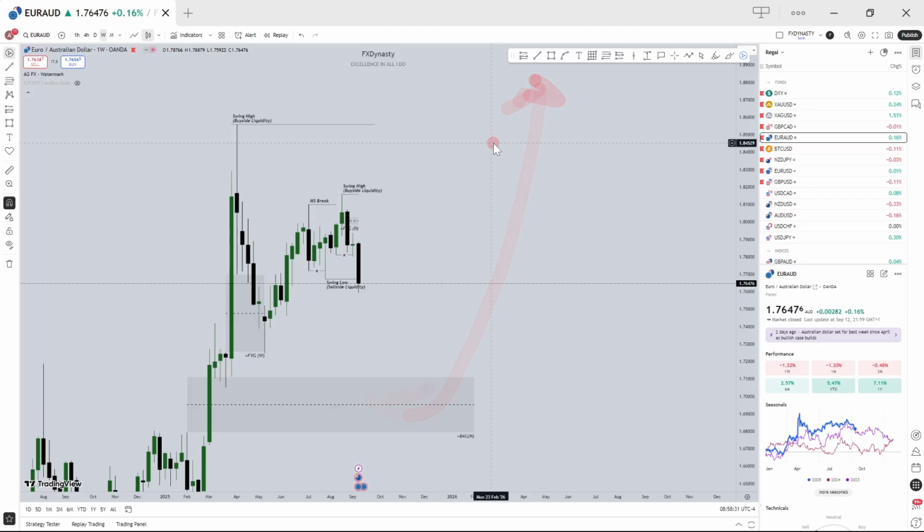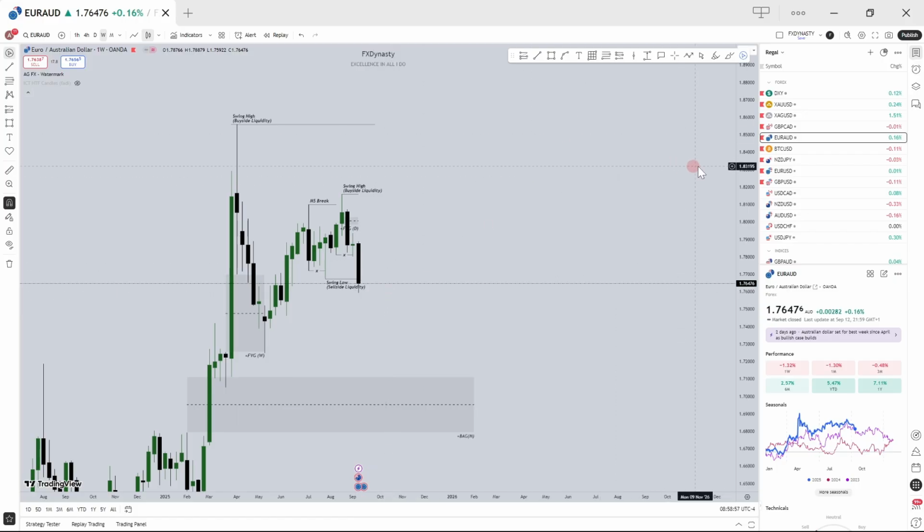This is realistic, not 100%. Everything in forex trading is all about probability. So the probability of price coming to the downside is high because you can see the aggressive movement to the downside. So we should be expecting more bearish movement on EURAUD and GBPAUD as well.